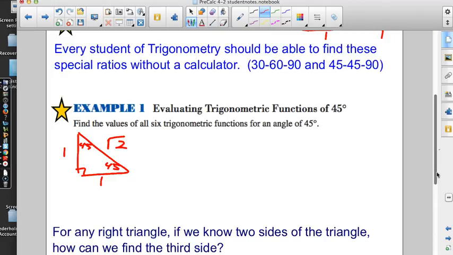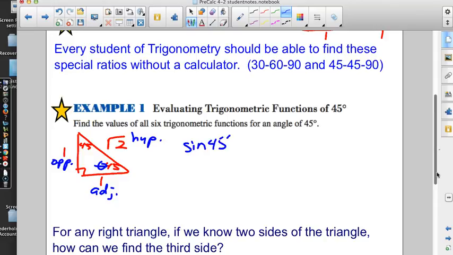So if we want 6 trig functions for a 45-degree angle, it doesn't matter which of these 45-degree angles we use. I'm going to call that one theta right there. But what matters is our labels, our opposite and our adjacent and our hypotenuse. This is as far away as I can get, so that's opposite. This one is right next to it, and that's what adjacent means. And this is the hypotenuse. So I'll just use those to figure out what the 6 trig functions are.